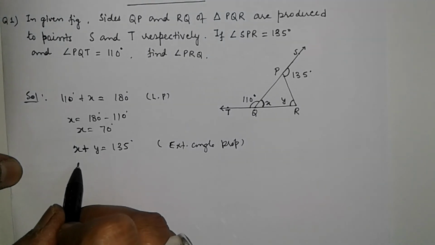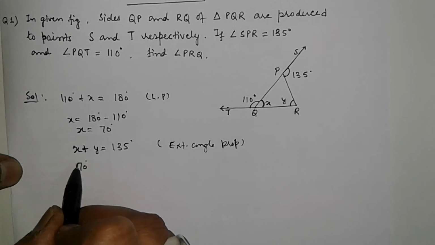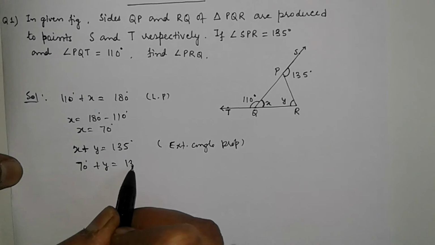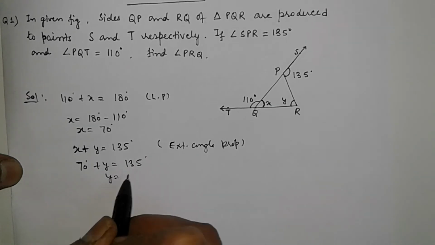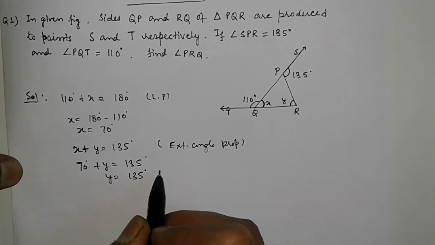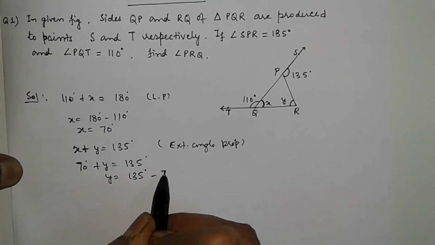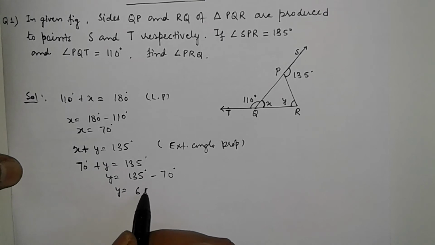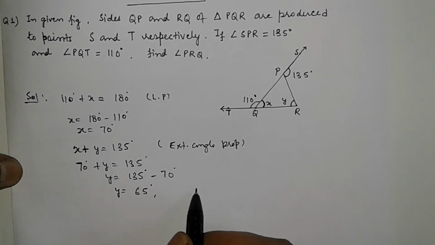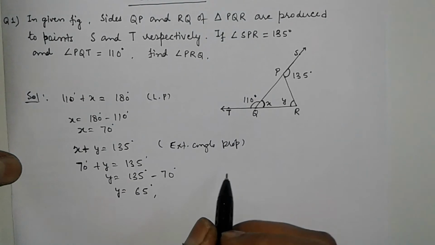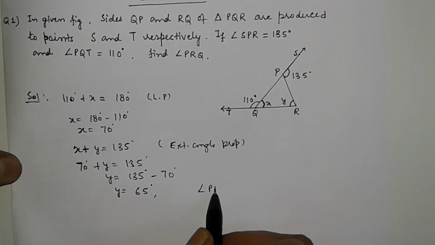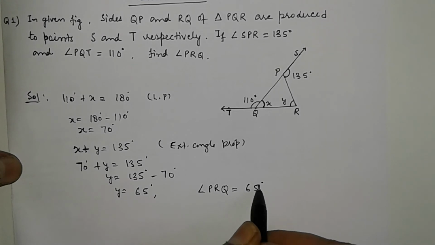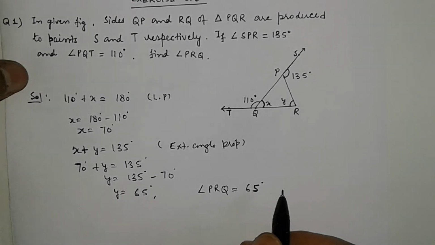X we have already found, that is 70 degrees. So Y will be equal to 135 degrees minus 70 degrees. So Y will be equal to 65 degrees. And Y is angle PRQ, so angle PRQ is equal to 65 degrees. This is question number 1 of exercise 6.3.